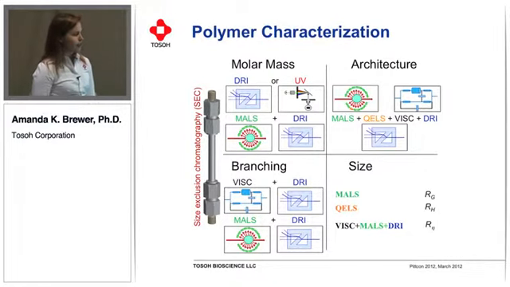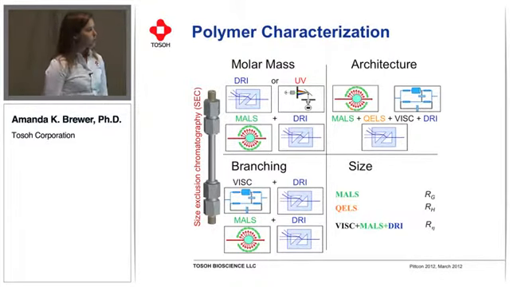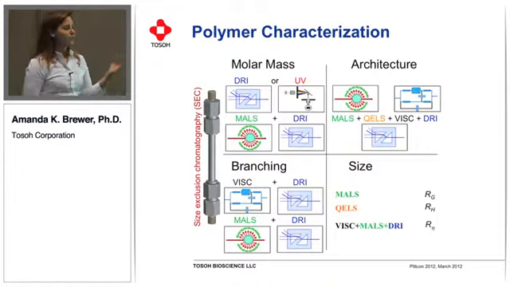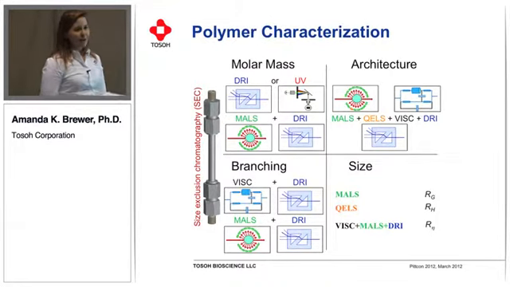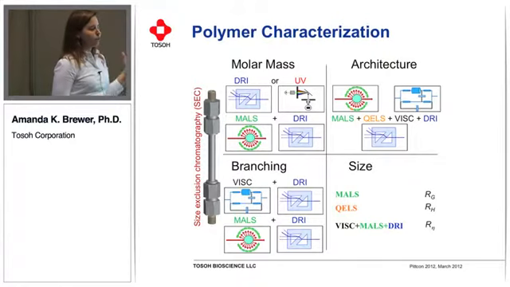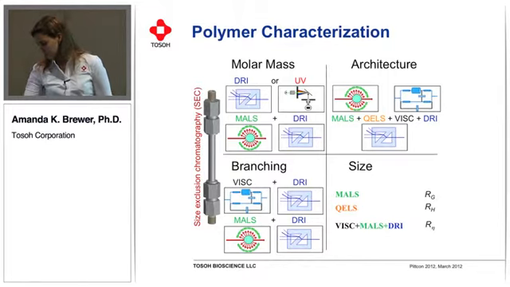And then by a combination of the viscometer with the MALS and of course the DRI, you're talking about the viscometric radius. So as you can see, as we add more detectors, we obtain a lot more information, but it's being able to extract all of that information from your chromatograms and from your data and put it all together in a way that can fully characterize your polymer.